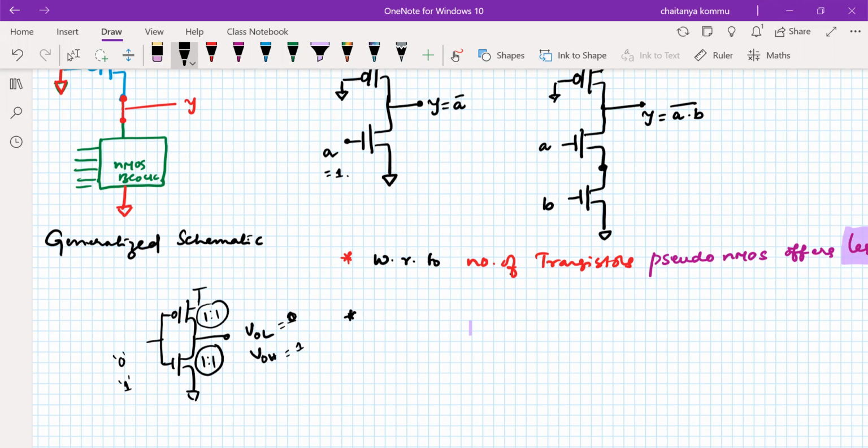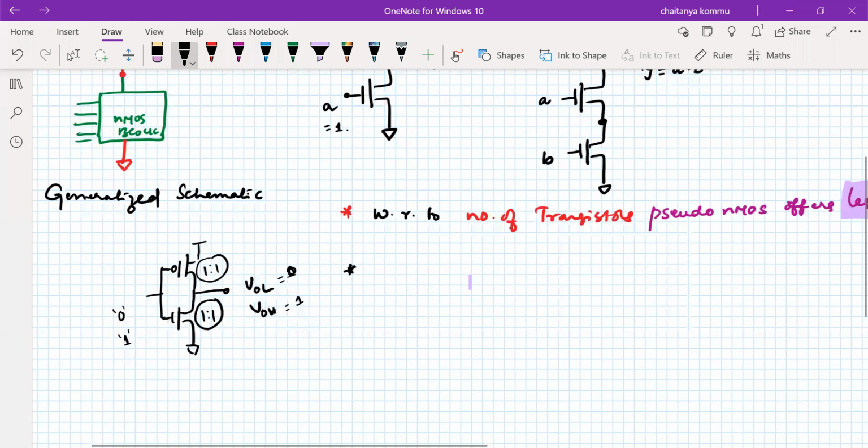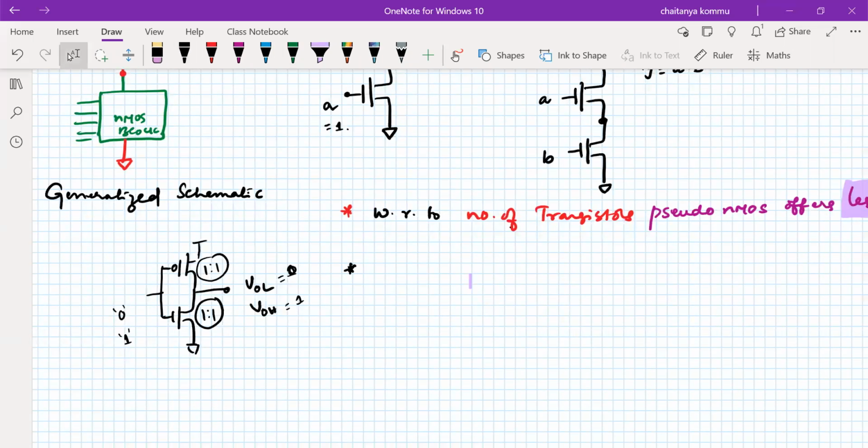What methodology did we choose in the previous classes? Sir, we use lambda, that value. No, not like that. We have used the concept of an inverter driven by another inverter, right? An inverter is driven by another inverter.